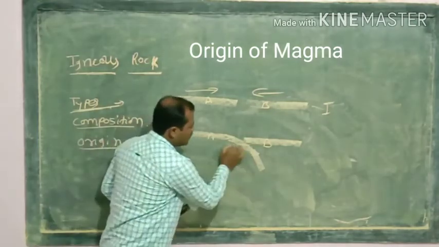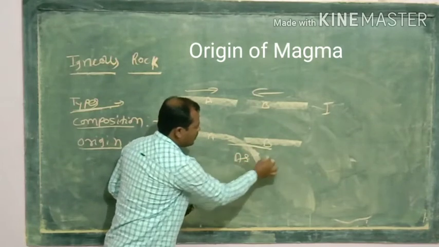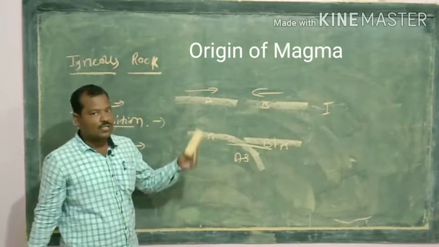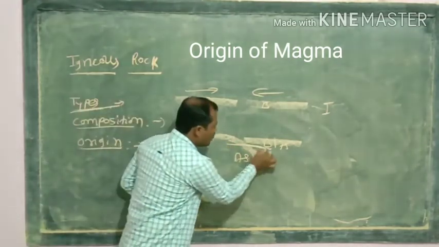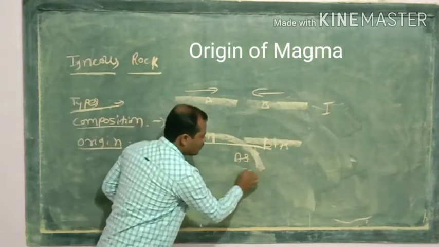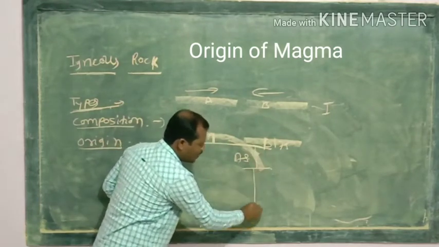Below this layer is the asthenosphere. Its thickness is up to 75 km. We have already seen this last year. This is the lithosphere, and below it the asthenosphere, and after this the mesosphere.